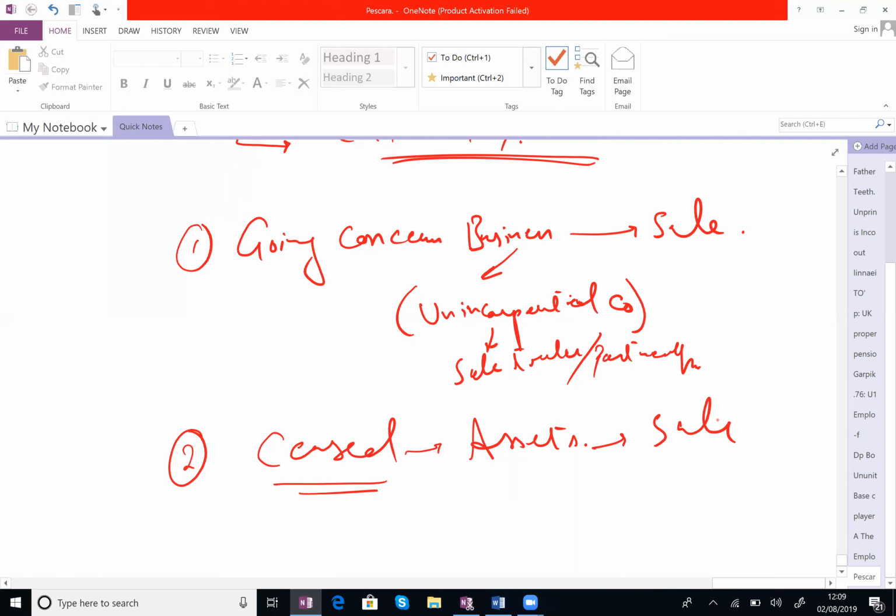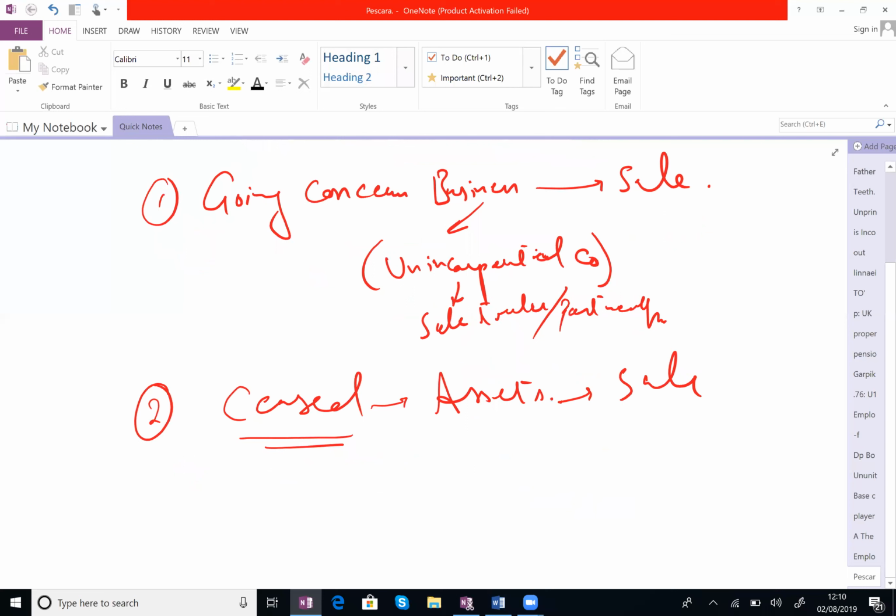For example, today I am ceasing my business and then I will sell the assets one by one, land and building, plant and machinery, right? I am selling it. So on these assets, I will get the entrepreneur relief. Any problem? And which business? Again, sole trader, partnership business I am talking about.